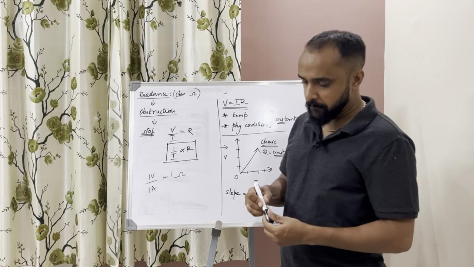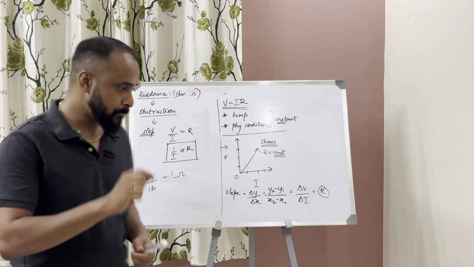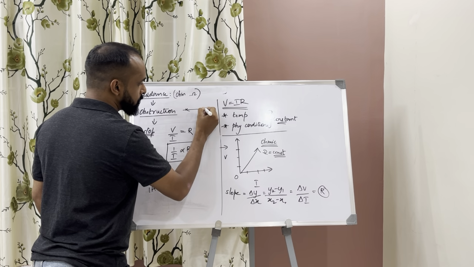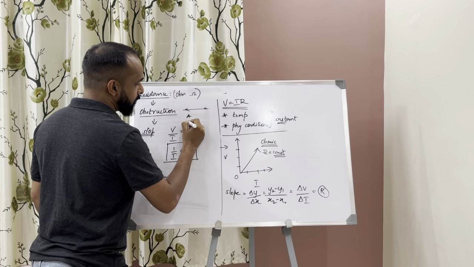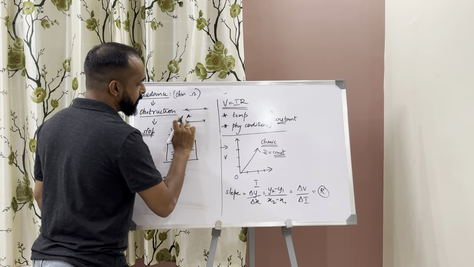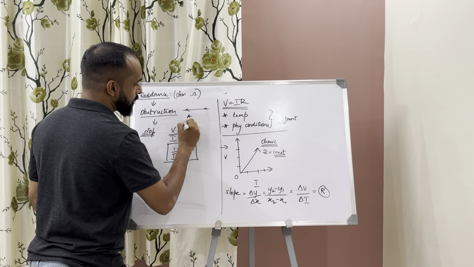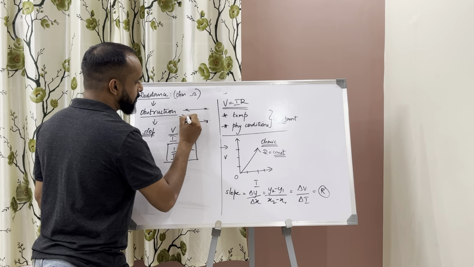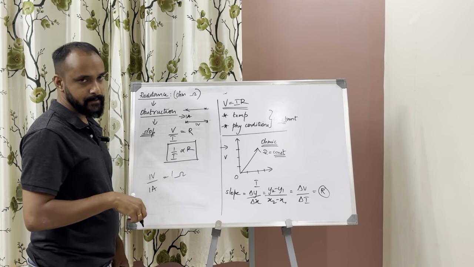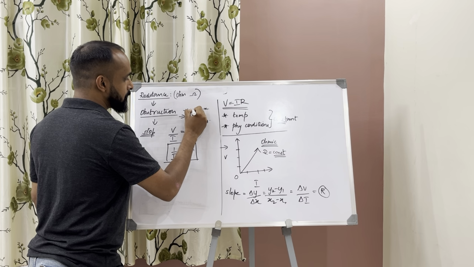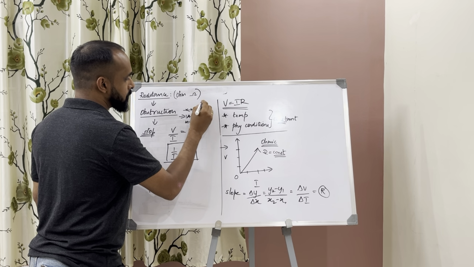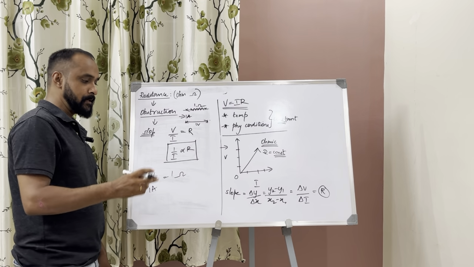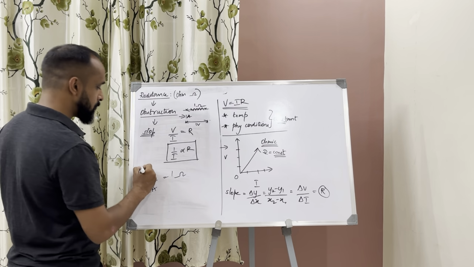That is, when the voltage between 2 points of the wire is 1 volt, and exactly 1 amp of current is passing, then the resistance is 1 ohm. Clear? This is the introduction that you need about resistance.